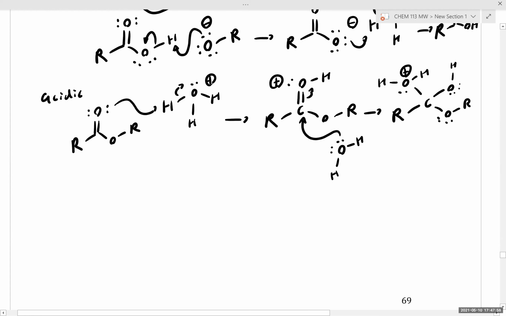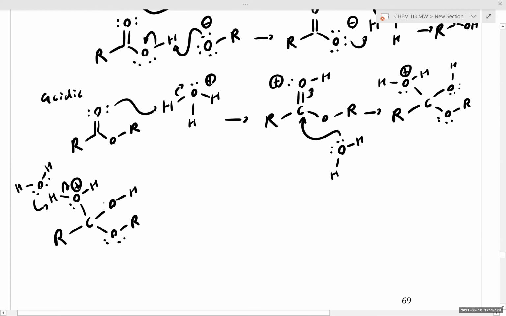Now, this is where things get a little bit interesting. So in order to continue on with this mechanism, as we eventually want to kick out our alcohol leaving group, the first thing that's going to happen is we're going to pull off a proton from our water that we just added in to free up a lone pair on oxygen.